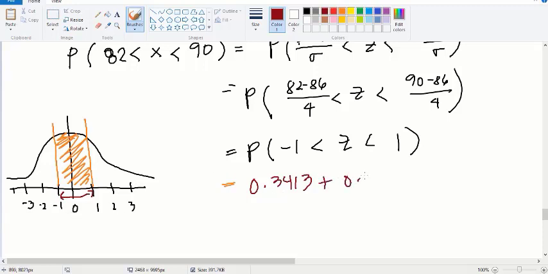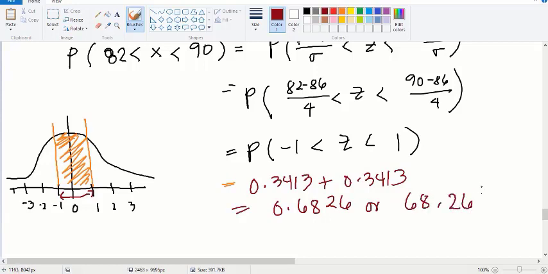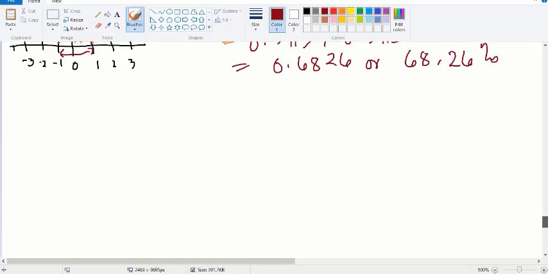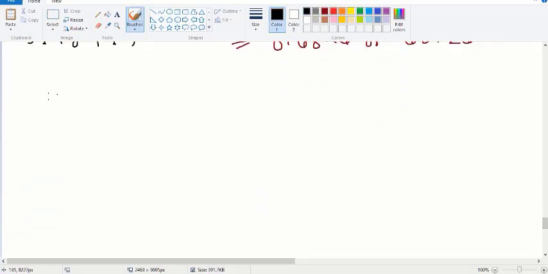Tama man? So, 0.3413 plus 0.3413 is equals to 0.6826, or that is 68.26% probability.